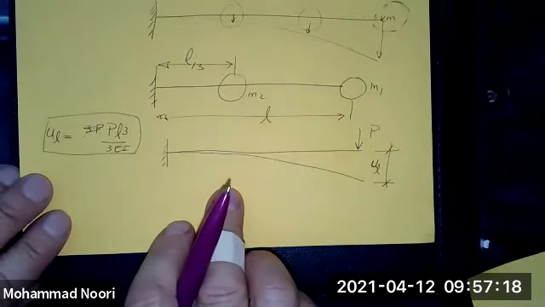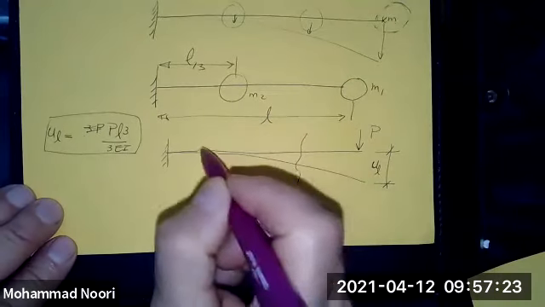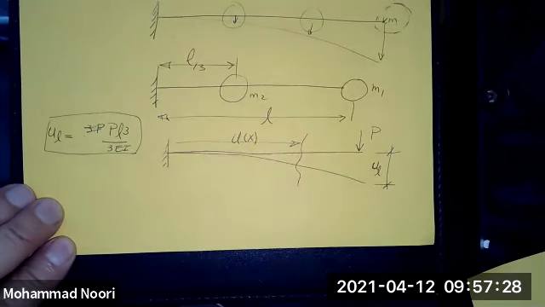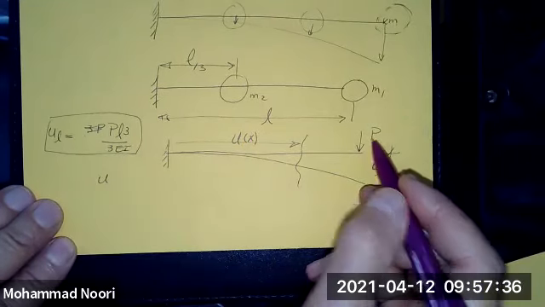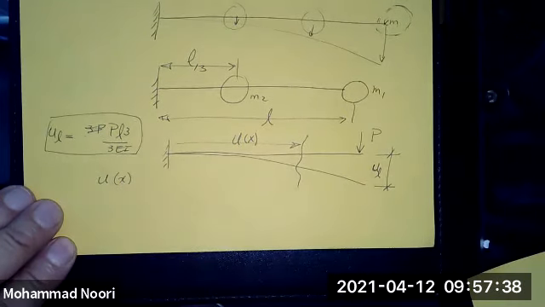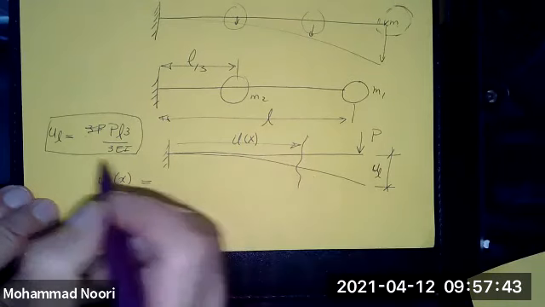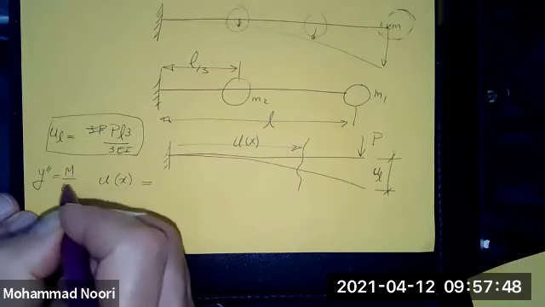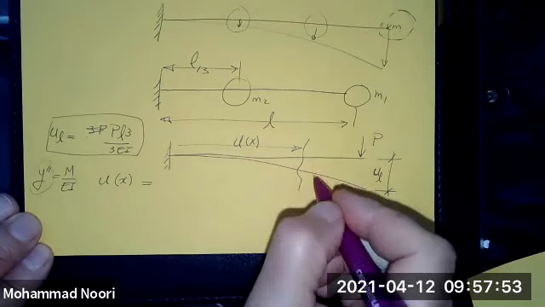But wait a minute, in strength of material, we learned that displacement at any point X can be derived in terms of this load. U at X, if you remember, go back to the strength of material, displacement, which you use, of course, this curvature equation, right? You call that Y, the displacement downward at any point.